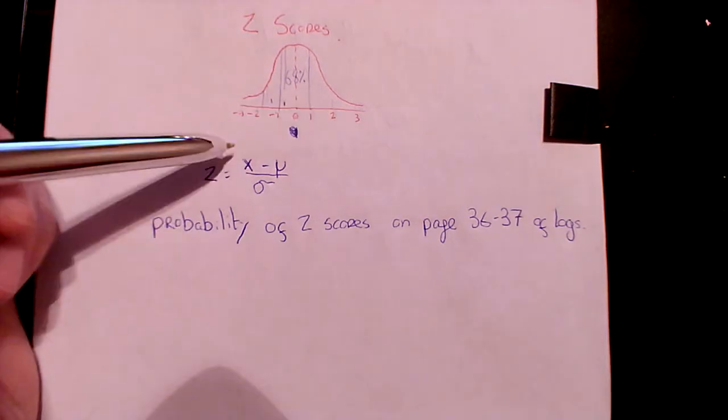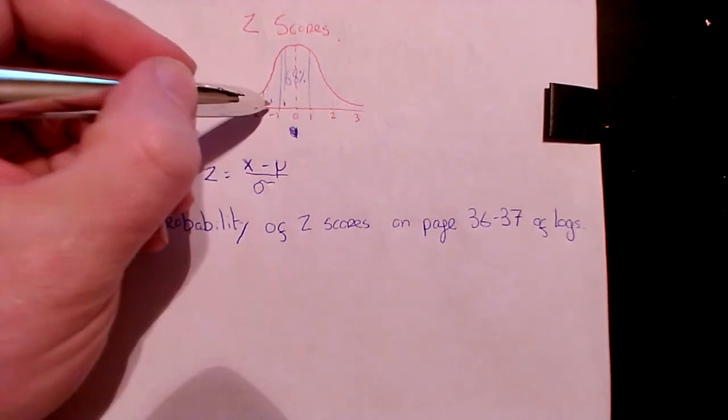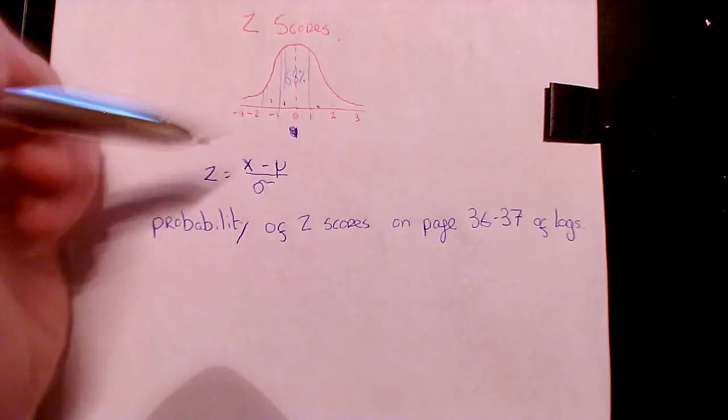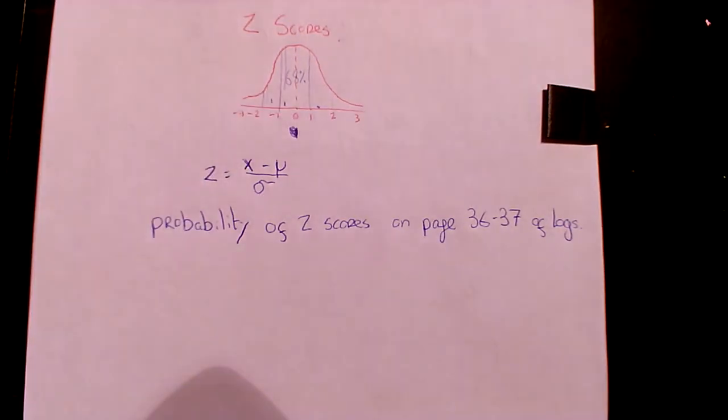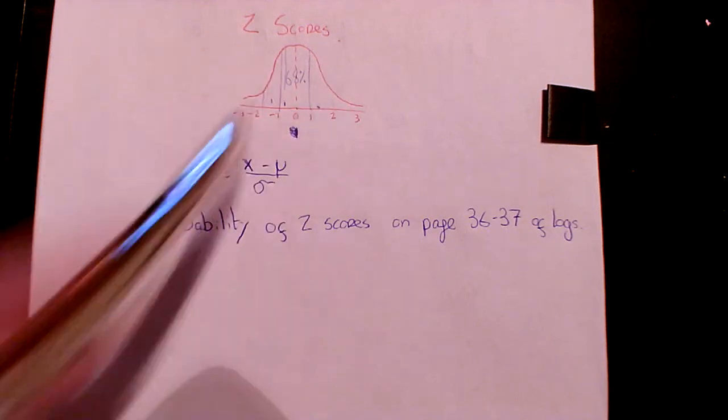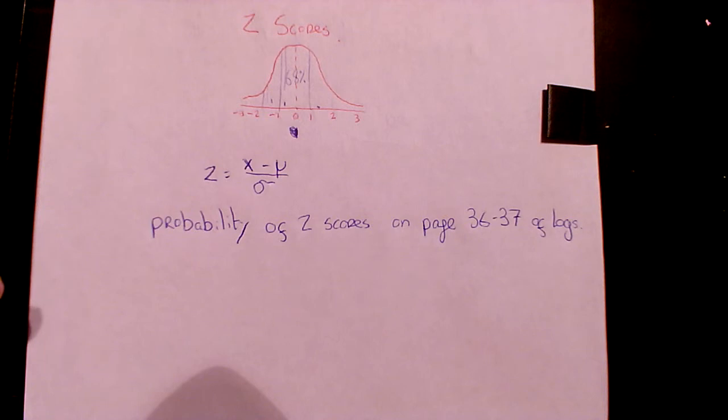But with these z-scores, we might be able to find out if it lies within 1.5 standard deviations from the mean. Okay, so we can actually find out the percentages within the whole system. It'll make more sense as I move along.